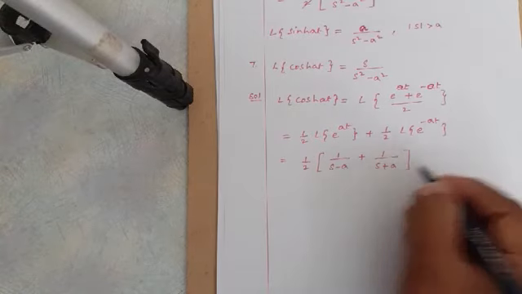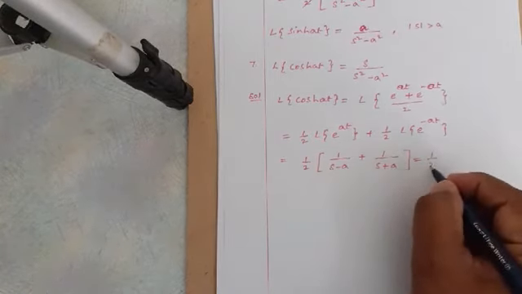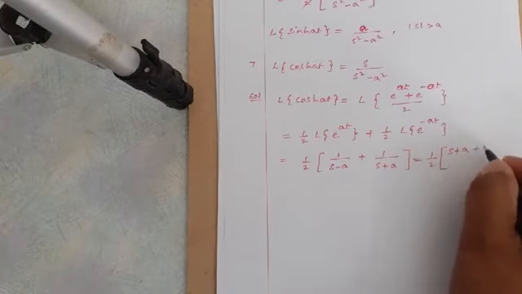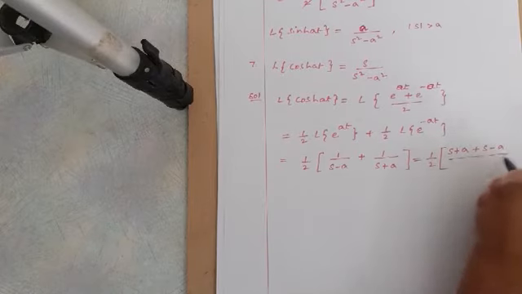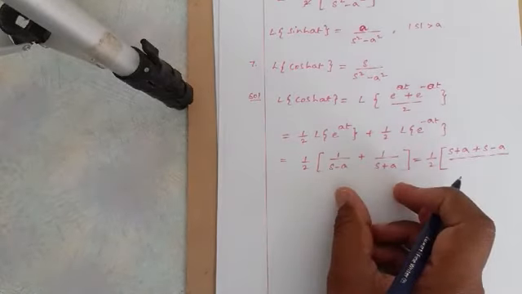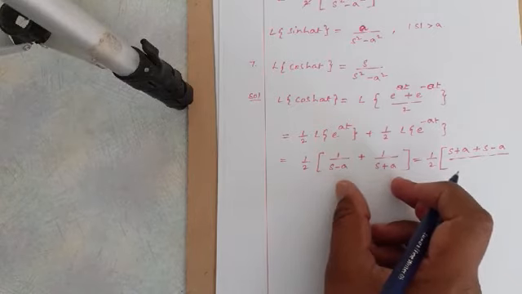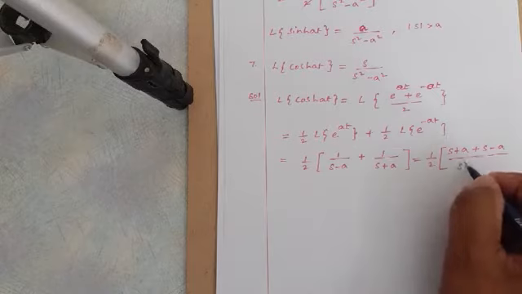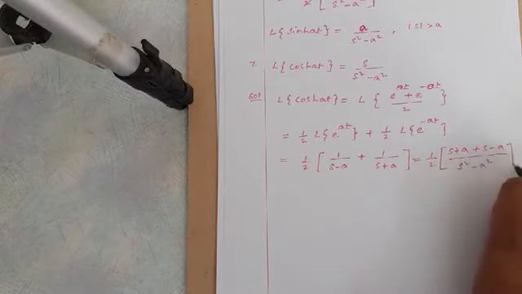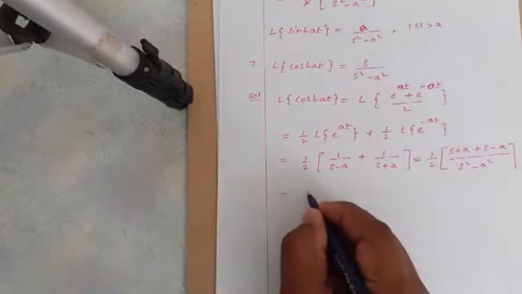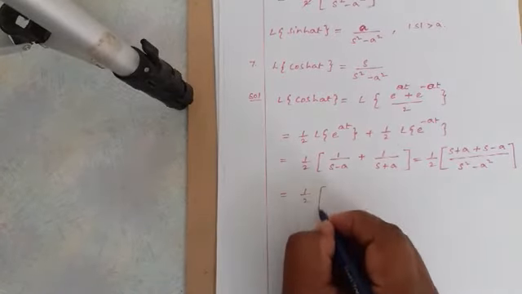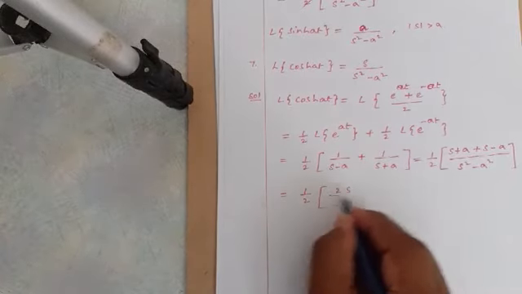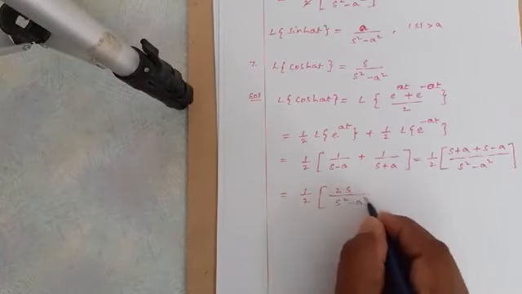So then when you take the LCM and then if you cross multiply, then this becomes s plus a plus s minus a upon, now in the denominator you can see s minus a into s plus a, that becomes a square, a minus b into a plus b, so that becomes a square minus b square. So now this is equal to, now you can write this as 1 upon 2 in bracket, now a cancels, you get 2s upon s square minus a square.